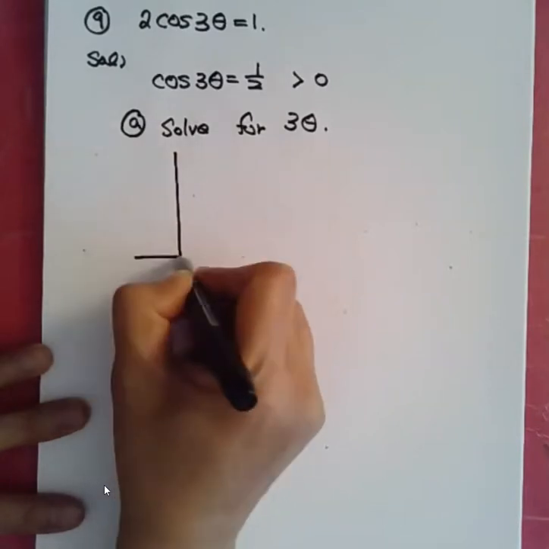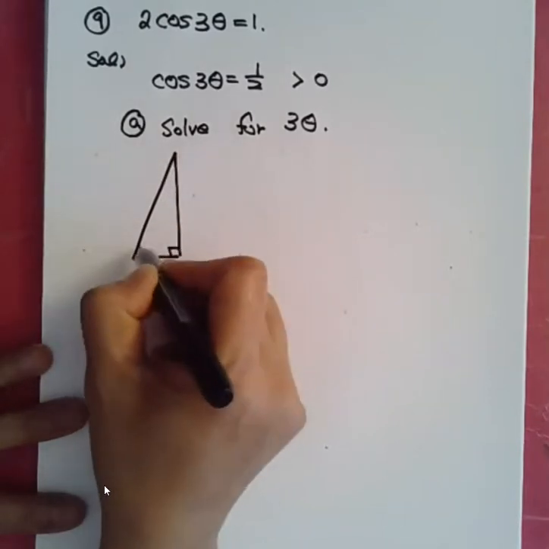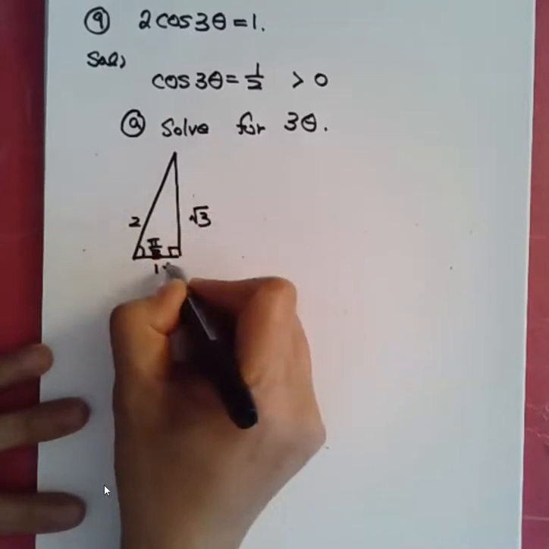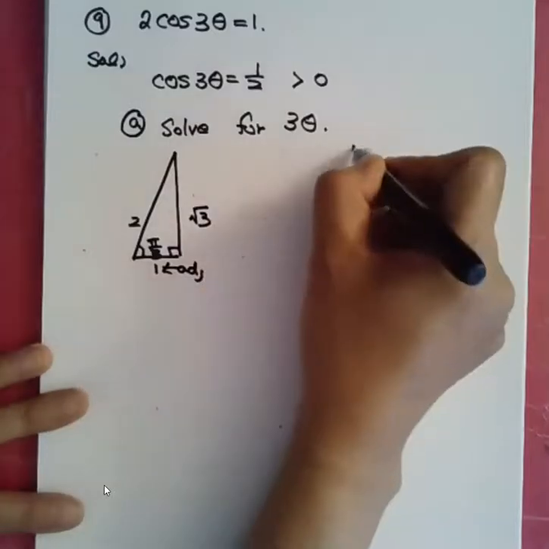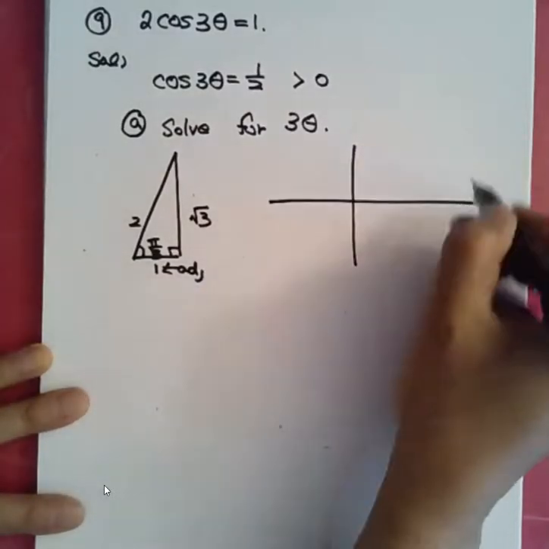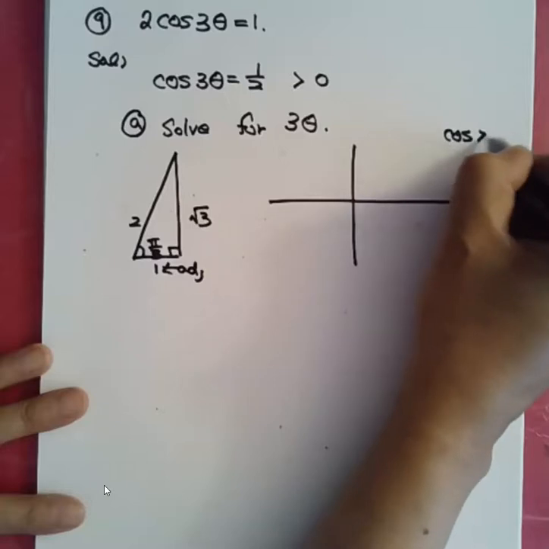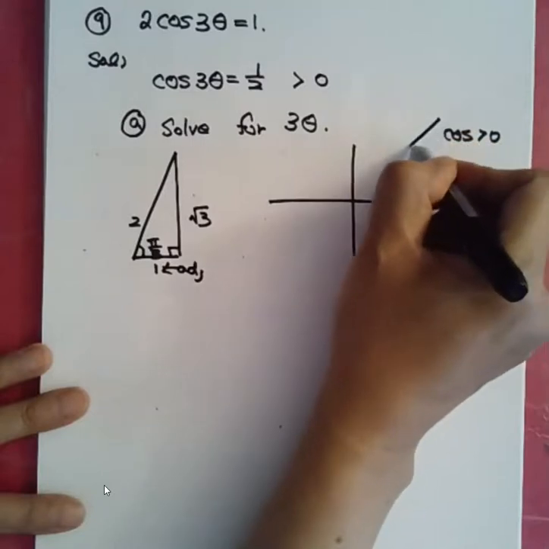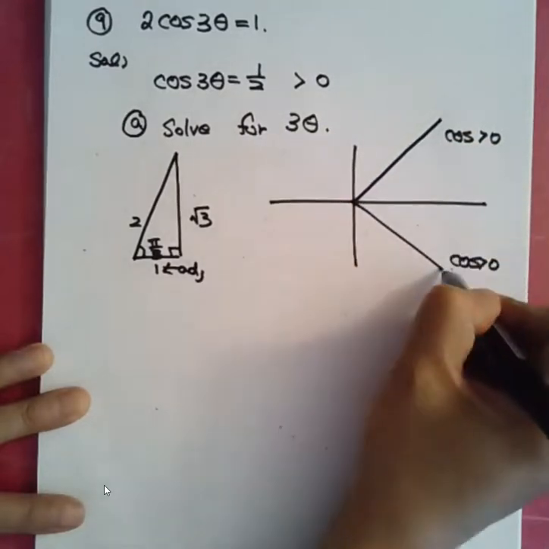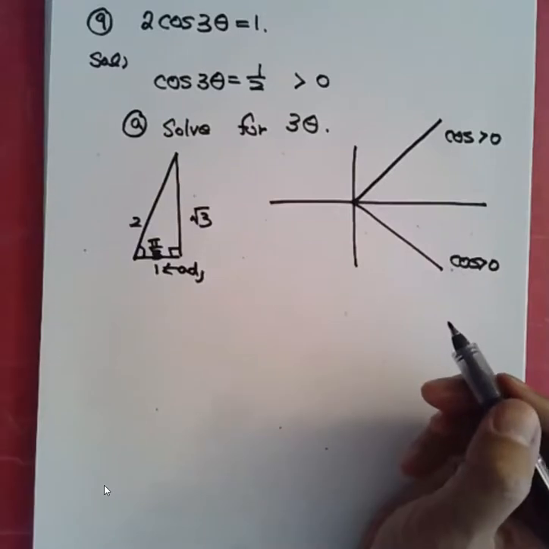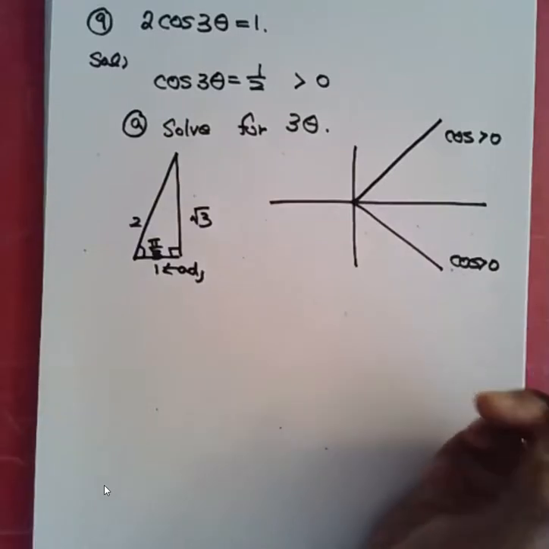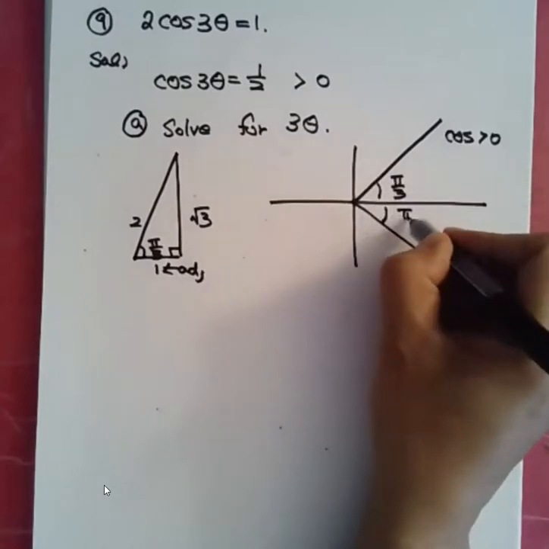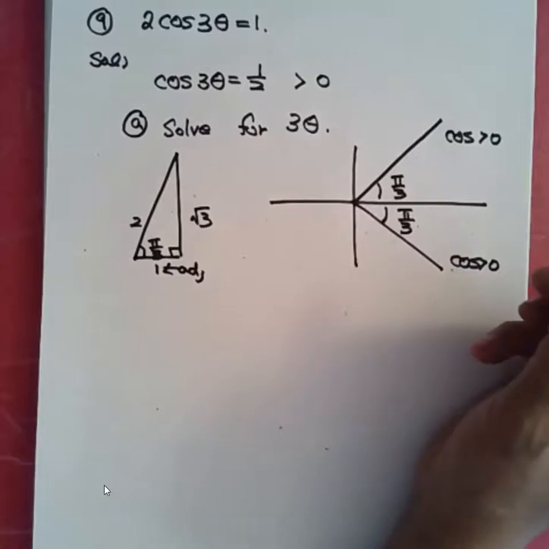Again, a 30, 60, 90 degree triangle is involved. And we locate the angle either in the first quadrant or fourth quadrant, because x values are positive in the first and fourth quadrant. So this is pi over 3 and this is another pi over 3.